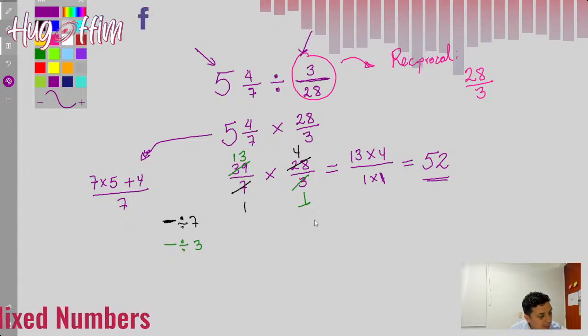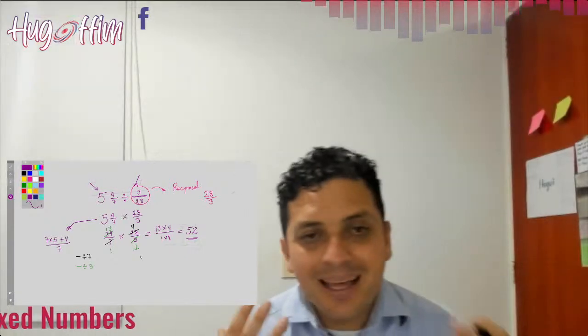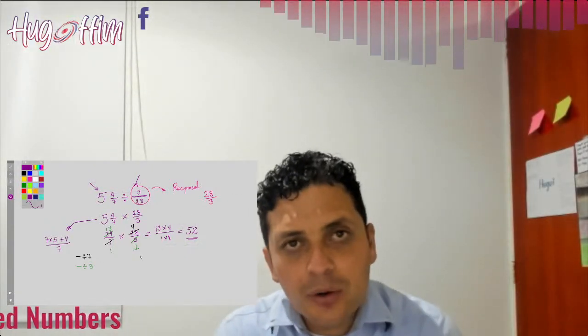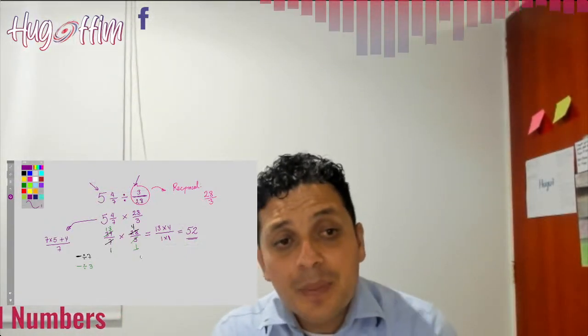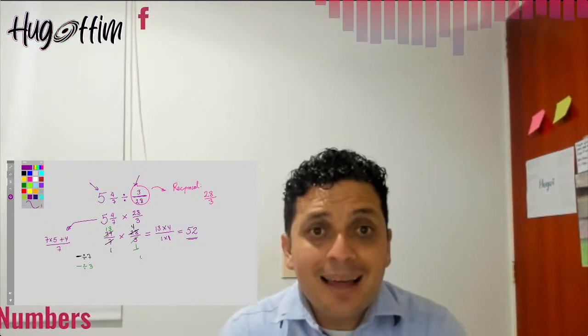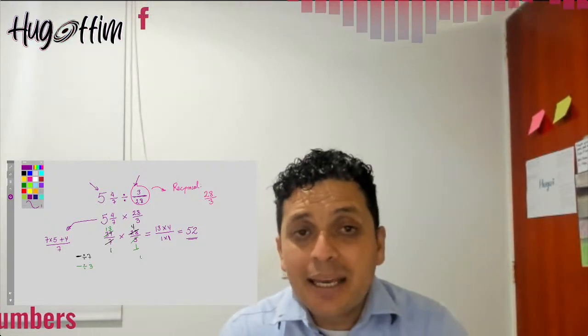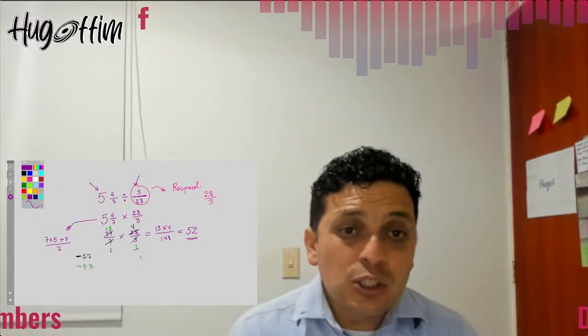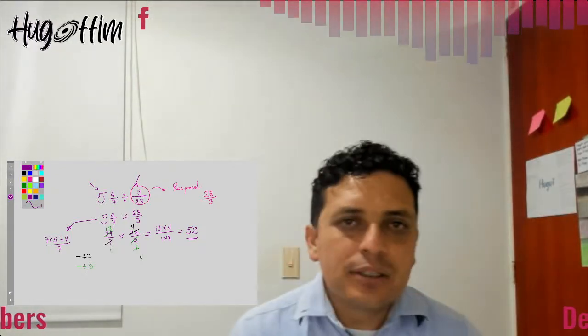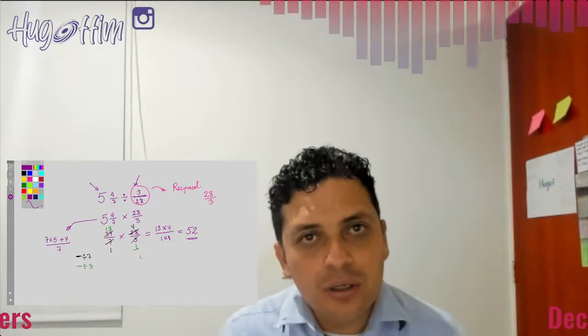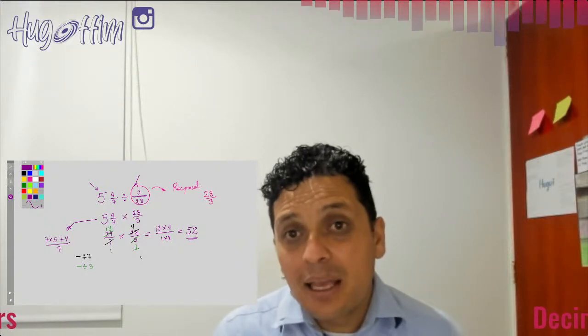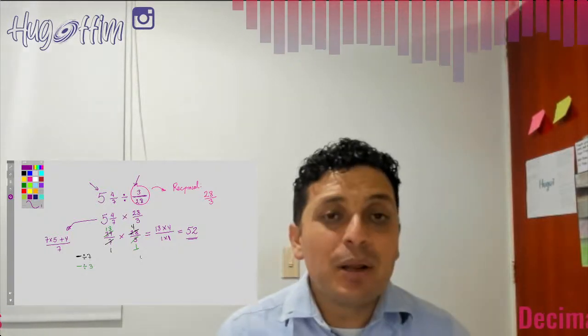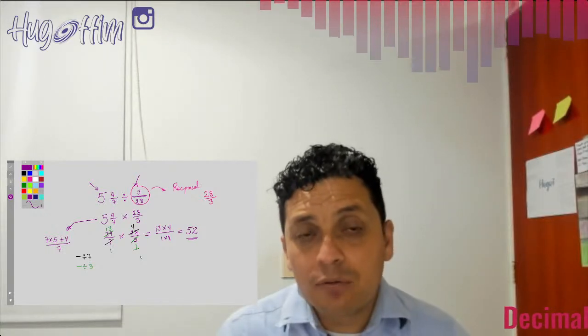So this is the idea when you operate mixed numbers. So just bear in mind that the strategies that I'm showing you here help you to get the simplest form and help you work in a way that you can get the answers quicker. It doesn't mean that the other methods are wrong. I guess that these methods give you a quicker answer and a simplified answer. That is what we're looking for.